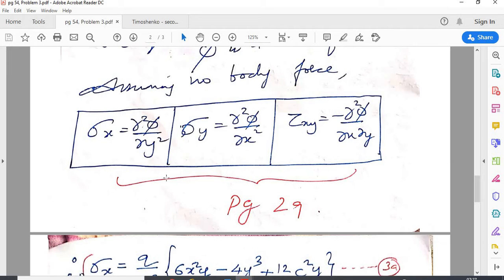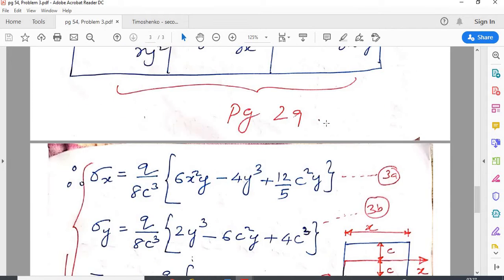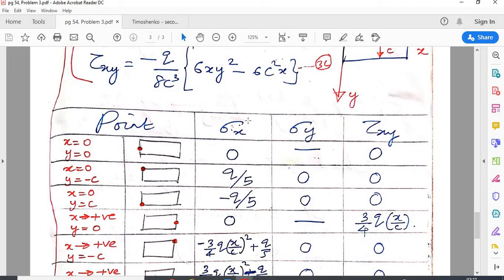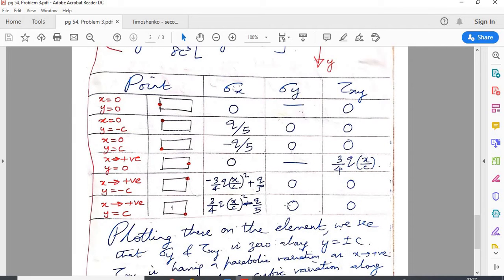These second derivatives we have already found. So you substitute, you get expressions for sigma x, sigma y and tau xy, and as we had done earlier, you can draw this table format and find out the stresses at key locations, its corners and edges.